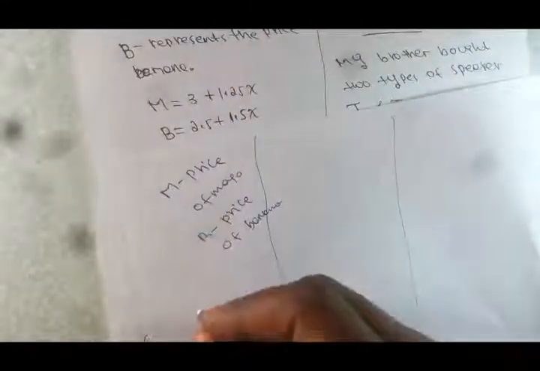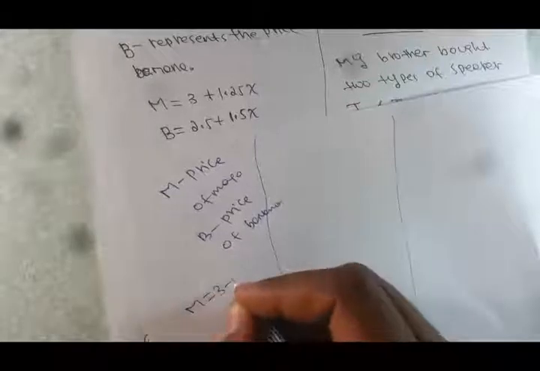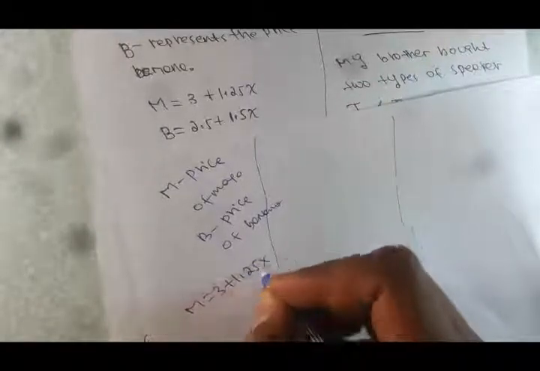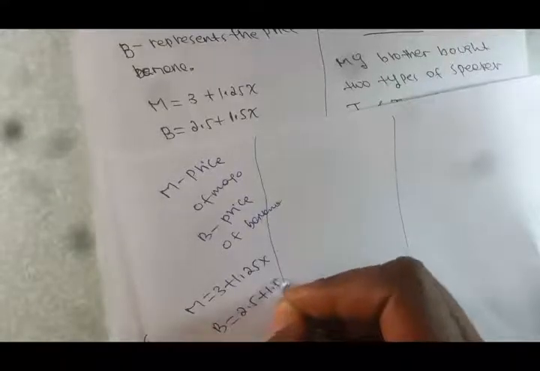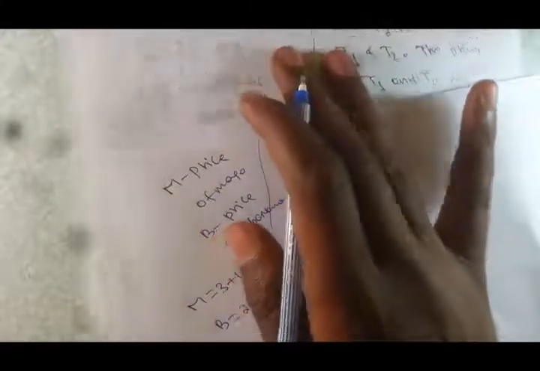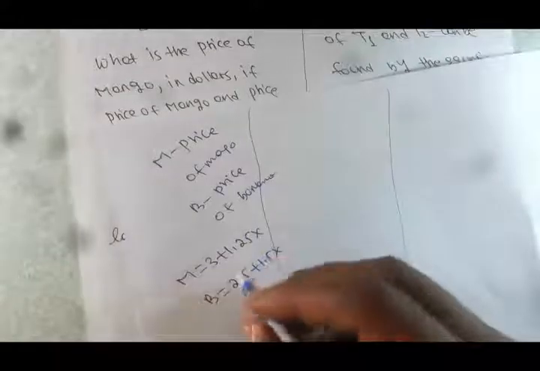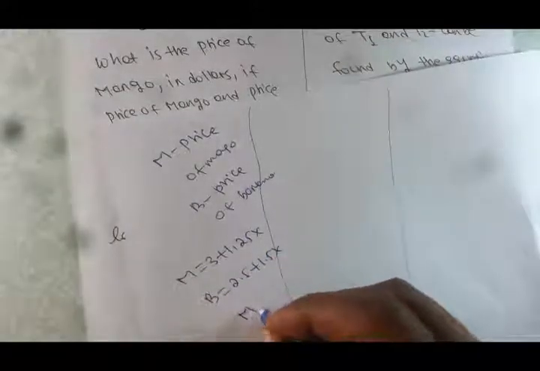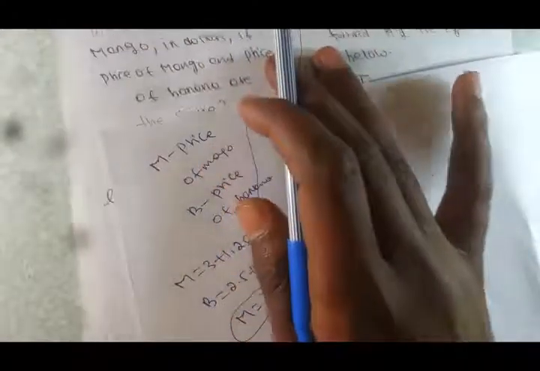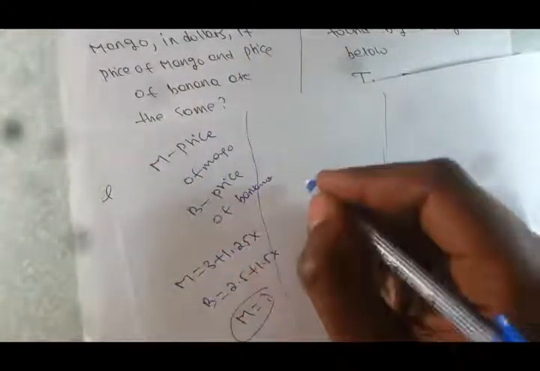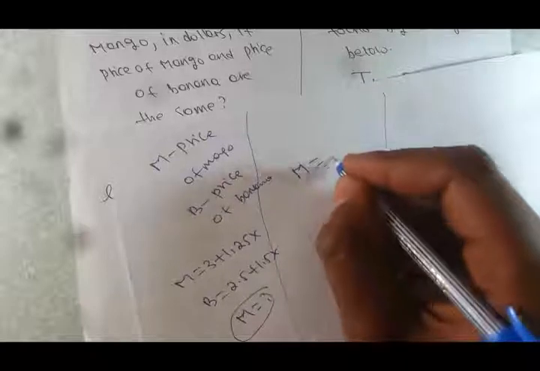We are given the equation M is equal to 3 plus 1.25x and B is given by 2.5 plus 1.5x. What is the price of mango? We are required to find the price of mango. If the price of mango and banana are equal, that means M is equal to B.